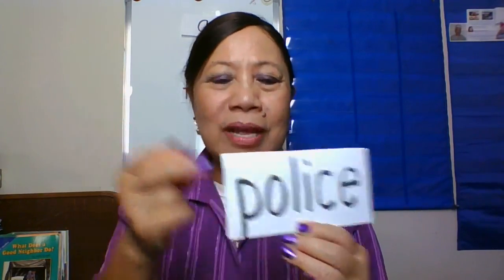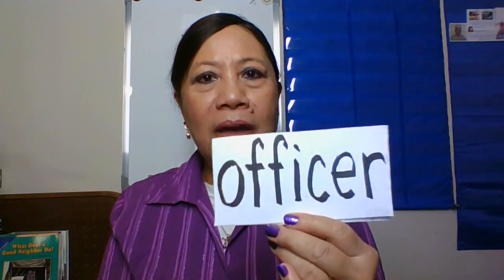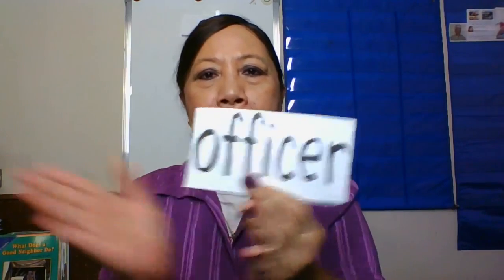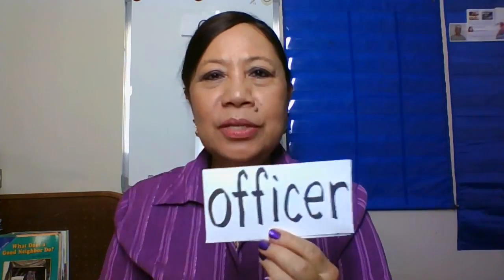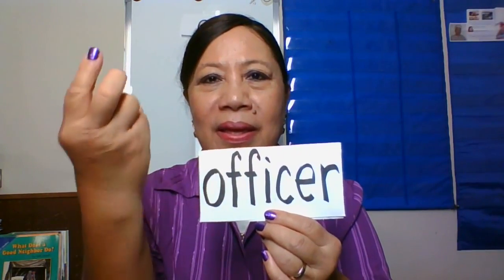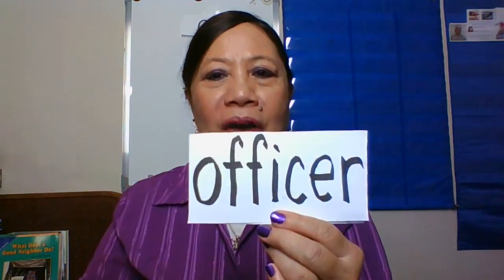I clapped 2 times. Therefore, police has 2 syllables. Let's clap on the officer. I clapped 3 times. Officer has 3 syllables. Good job. Now we are ready to read our book.